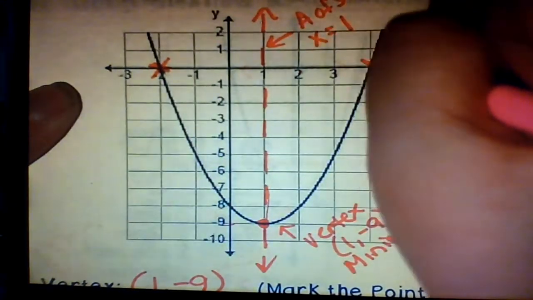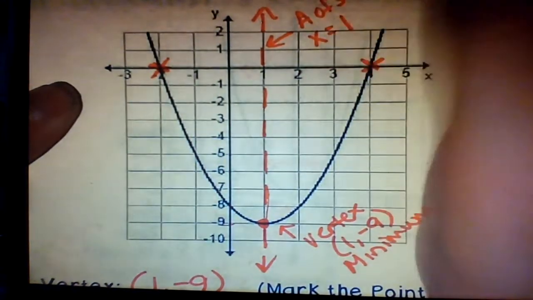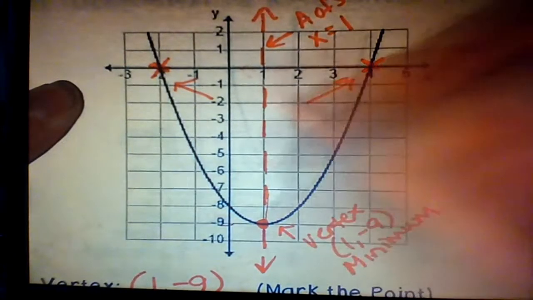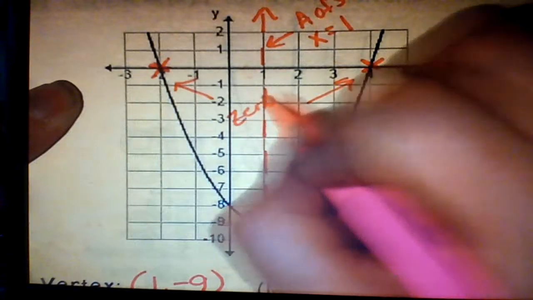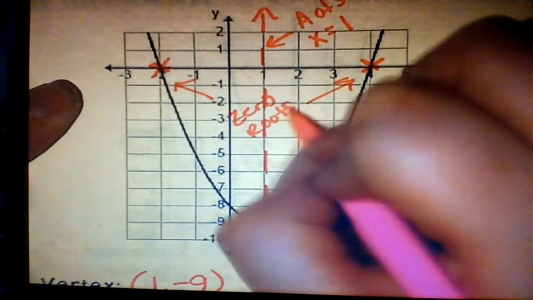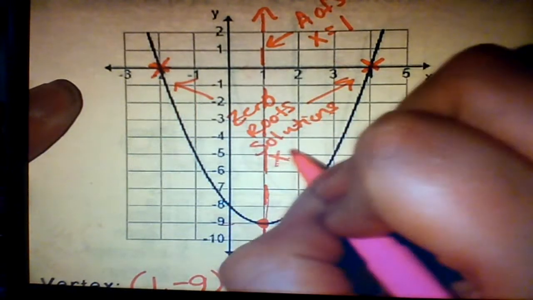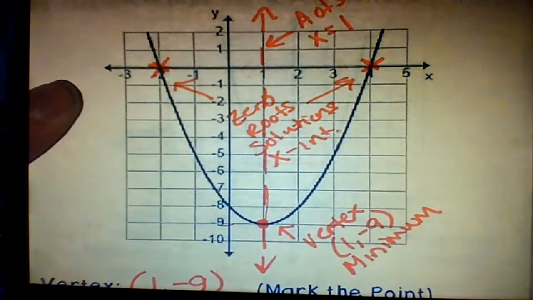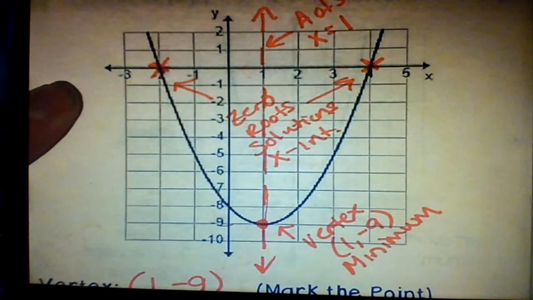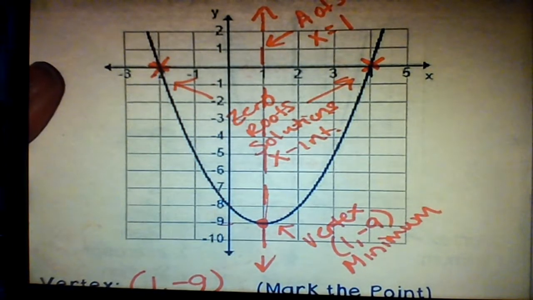So these are your zeros, your roots, your solutions, your x-intercepts. So you have zeros at -2 and +4.